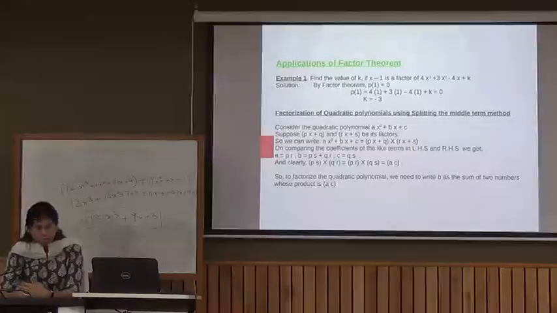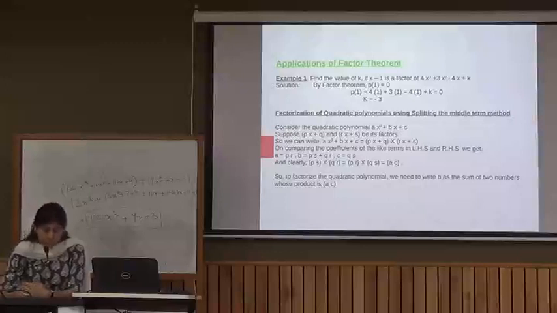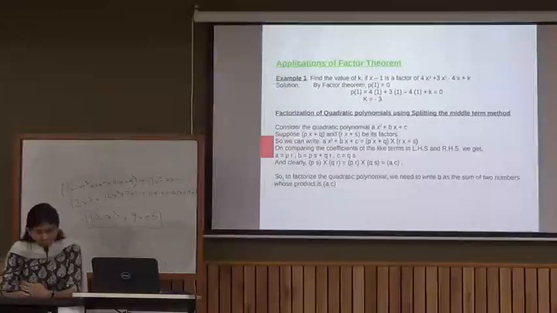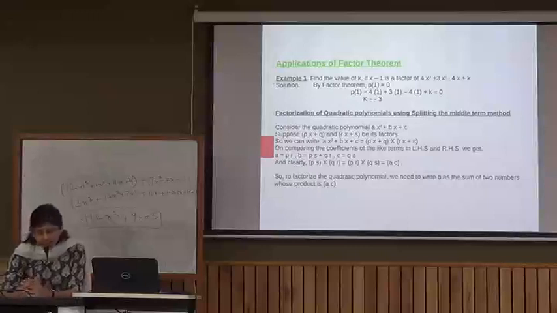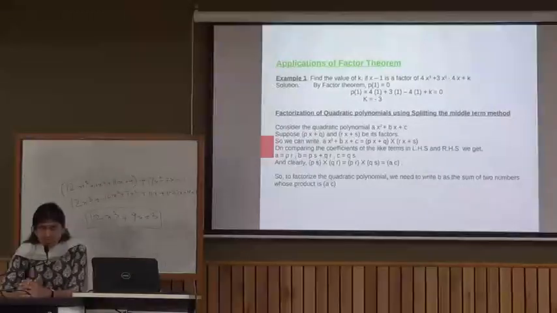On comparing the coefficients of the like terms, we get a is equal to pr, b is equal to ps plus qr, and c is equal to qs. Now, clearly ps into qr is equal to ac. So, in summary, factorization of quadratic polynomials using splitting the middle term method is all about finding two numbers whose sum is equal to b and whose product is equal to ac.